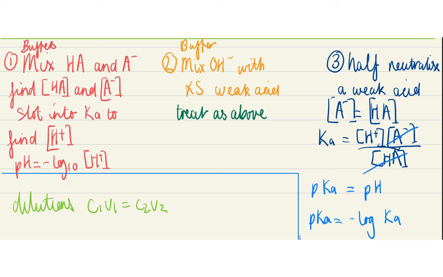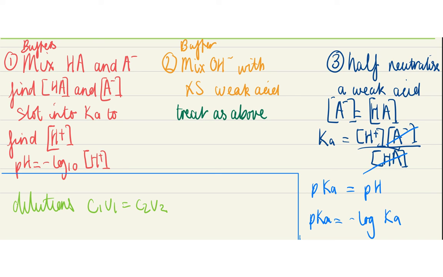If you make a buffer by mixing OH minus with an excess of weak acid, then you need to find out the moles of HA that are left over, slot into Ka, and then find my H+, and then find the pH.